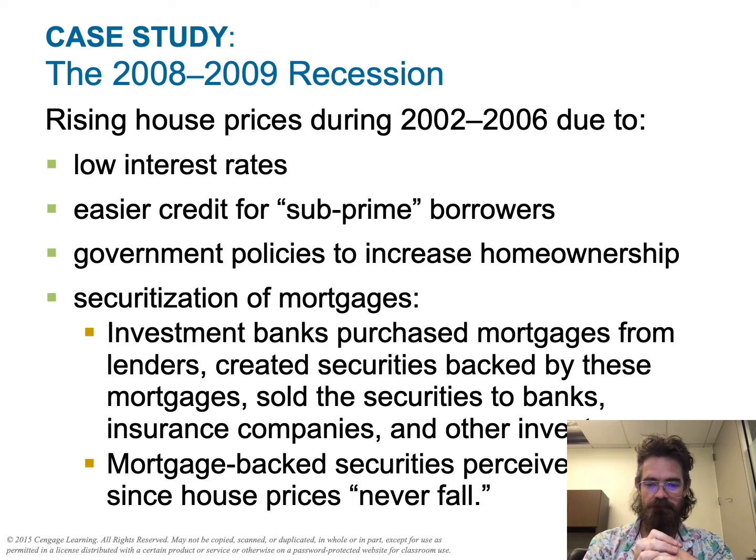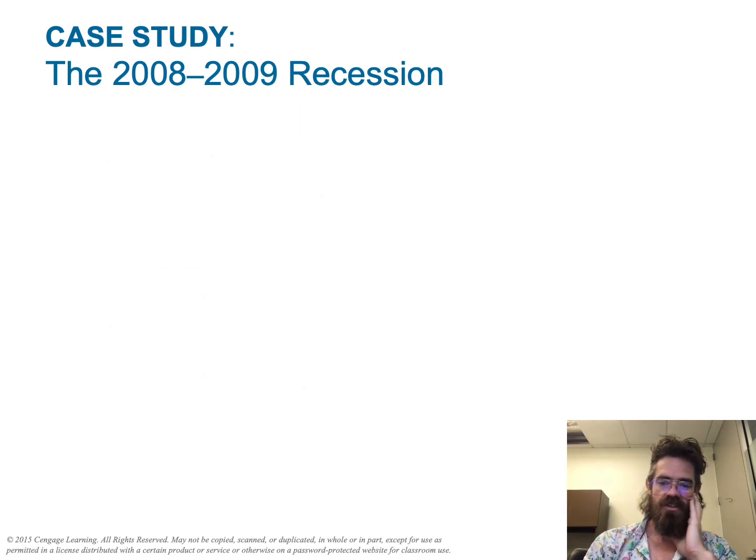But never say never, right? And so what started happening, mainly because of these subprime borrowers, is that I think it was the summer of 2007, a lot of people started defaulting on their home loans, which means they weren't making payments on their home loans.